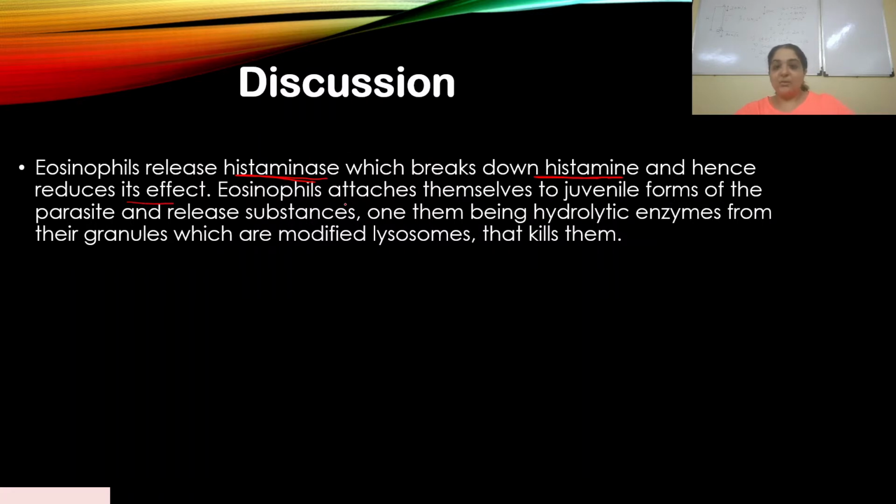Also, eosinophils attach themselves to juvenile forms of the parasite. They have another important function. Apart from releasing histaminase, they also attach themselves to juvenile forms of parasite and release substances. They release many chemical factors, and one of them is hydrolytic enzymes. Eosinophils release hydrolytic enzymes from their granules, which are modified lysosomes, and these hydrolytic enzymes kill the parasite.